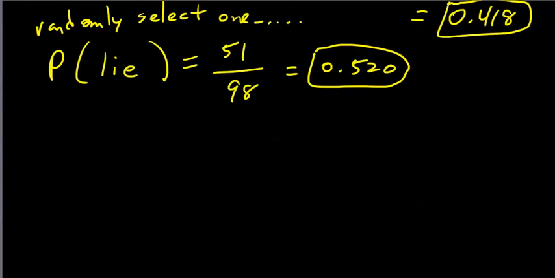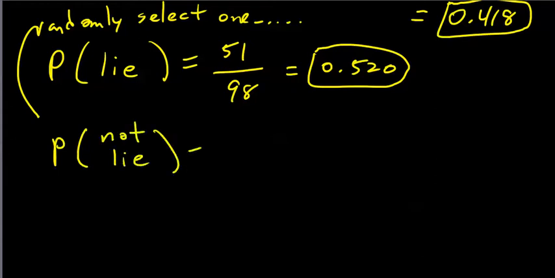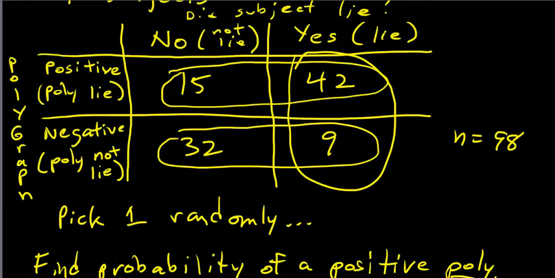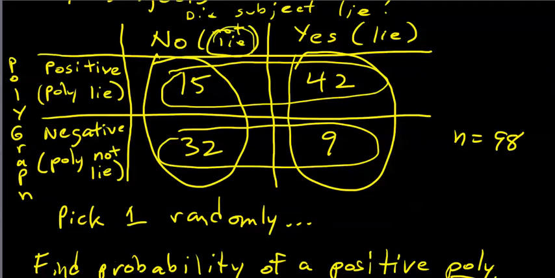And again, randomly select one, and I'll ask, of course, what's the one we haven't done yet? What's the probability of finding a not liar, or a subject that has not lied? Let me go back up to the table, and we'll see this column here is the people that did not lie. And we can see there's 32, 42, 47 of those people.